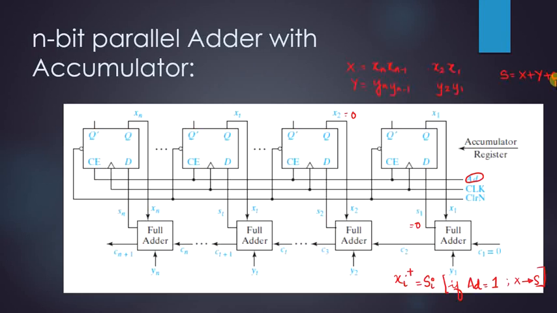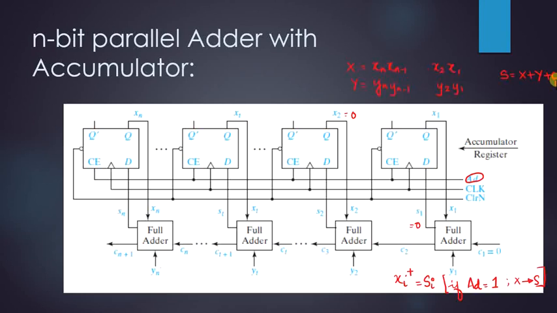So each cell contains a full adder and an associated accumulator flip-flop. The cell i, which has the inputs Ci and Yi and the outputs Ci plus 1 and Xi, is referred to as a typical cell.